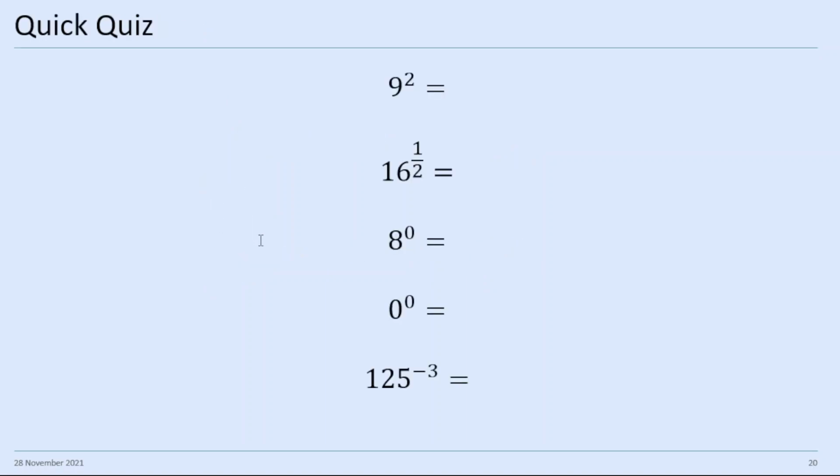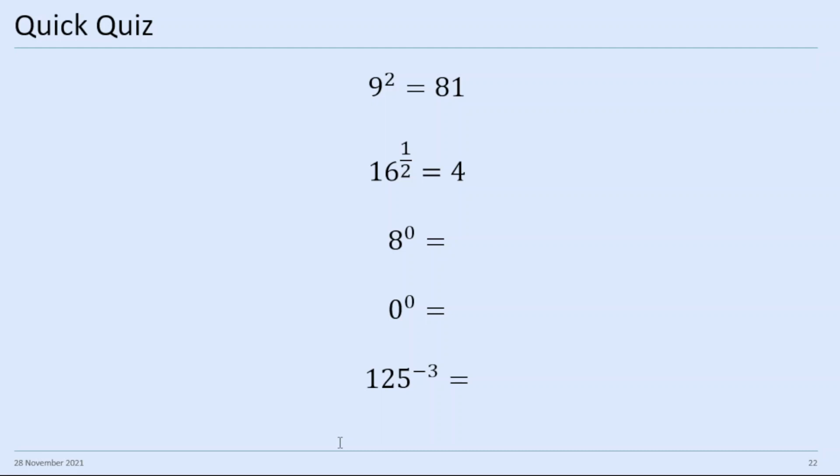Okay, let's do a quiz to end up. I would invite you to guess in your head, but don't feel any pressure. Just do whatever feels right. Quick quiz: 9 squared, 16 to the half, 8 to the 0, 0 to the 0, 125 to the minus 1/3. Okay, let's do these. 9 squared, 81. 16 to the half is 4, or you could say minus 4 actually, because it's a square root.